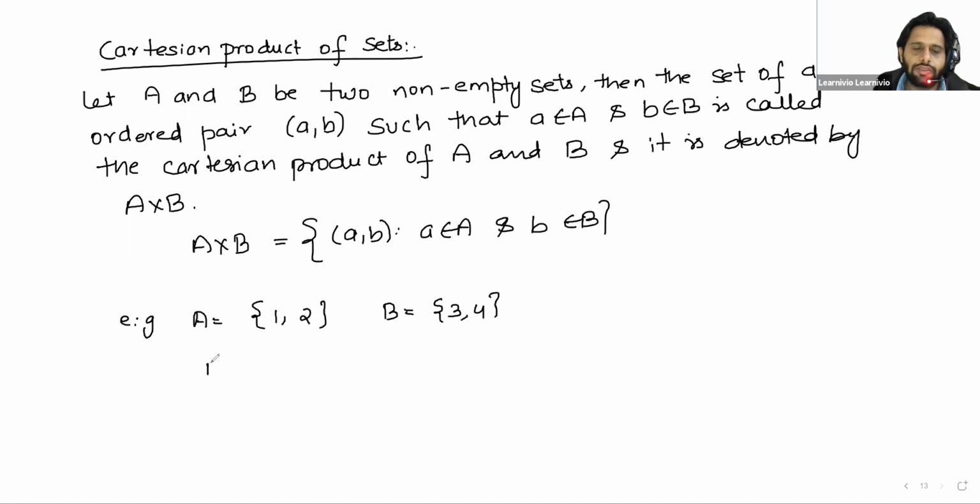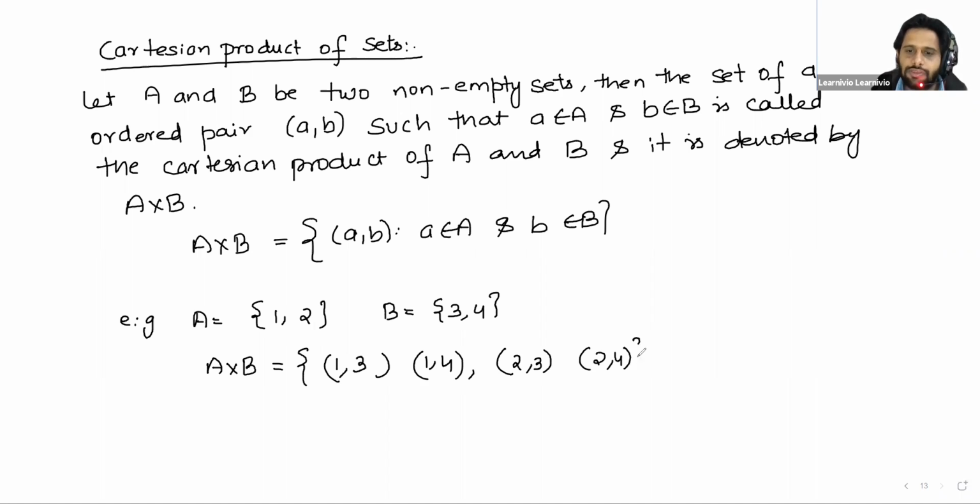We need to find the Cartesian product of A and B, read as A cross B. We will select an element from the first set, then the next element from the second set, again from the first set, from the second set. So this is the Cartesian product. Is this clear, Safan?